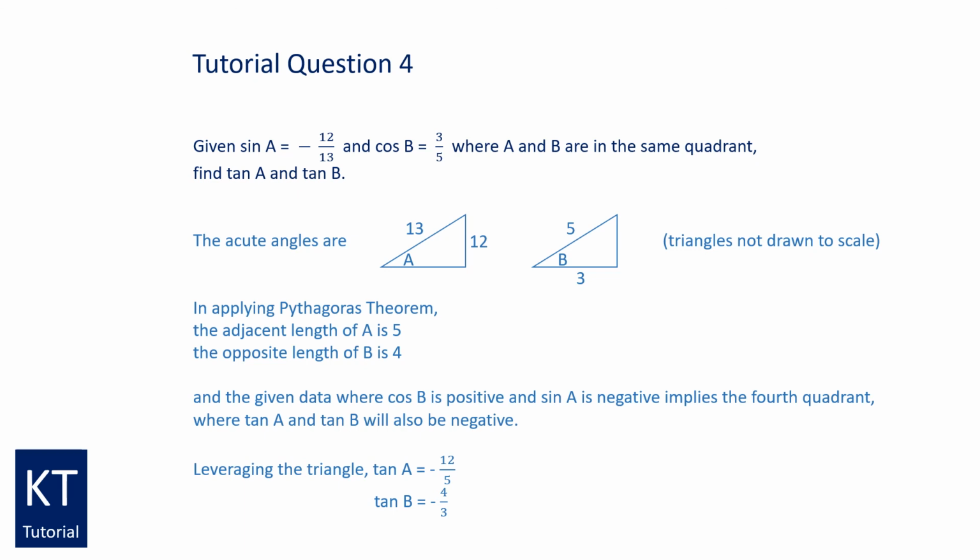Also, from the given data where cos B is positive and sine A is negative, it implies that these two, being in the same quadrant, are lying in the fourth quadrant, where tangent A and tangent B would also be of negative values. Leveraging on the triangles, tangent A is negative 12 over 5, and tangent B is negative 4 over 3.